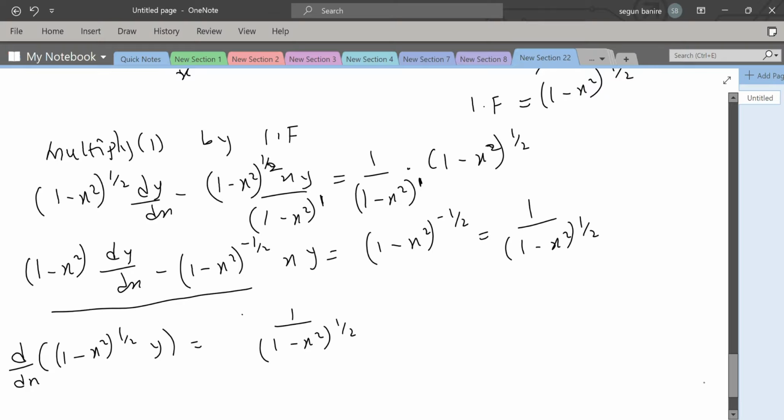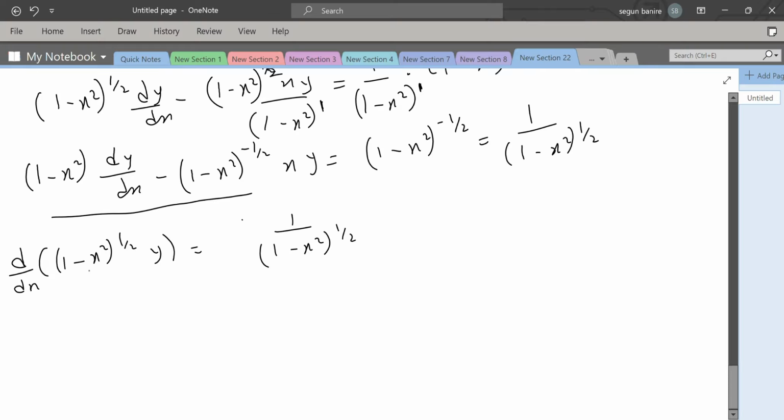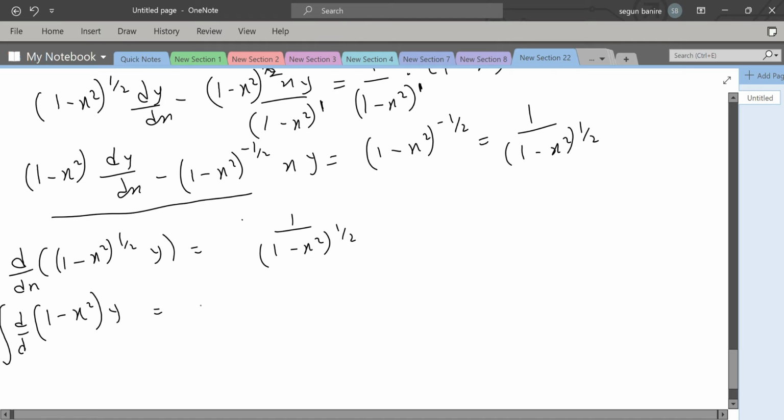Okay, so what do we do next? We integrate to remove the derivative. We integrate both sides. Let me just write the integral there, ds. So the integral of the left is 1 minus s squared raised to the power 1 over 2 times y.